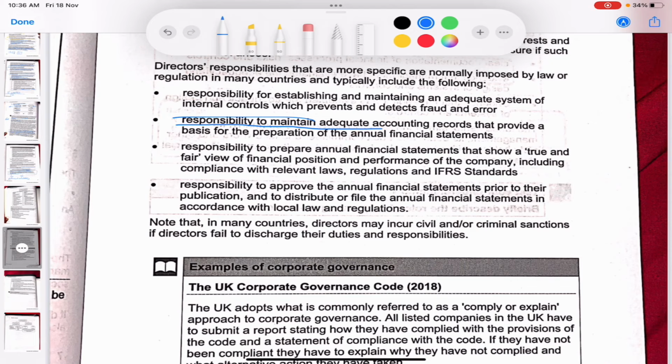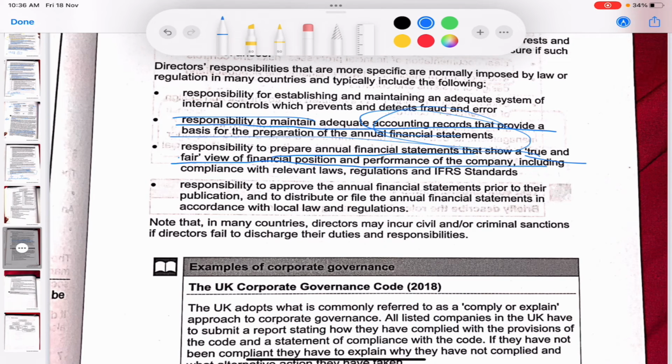We have a responsibility to maintain adequate accounting records, so we need to properly maintain accounting records. Responsibility to prepare annual financial statements that show a true and fair view.